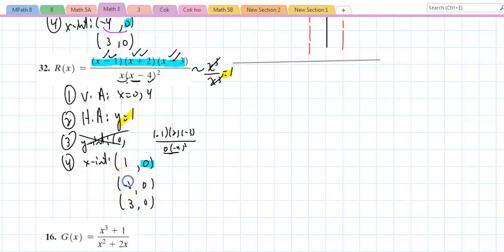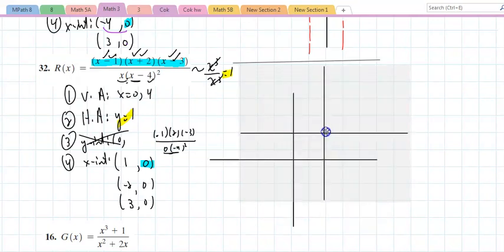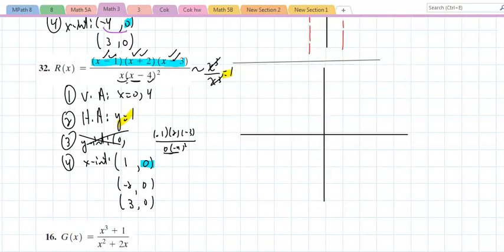To the graph, I'm going to label asymptotes. A graph can't be 0. The graph can't touch at 4. Y cannot be 1.